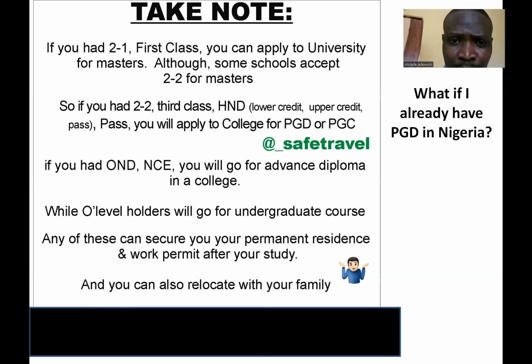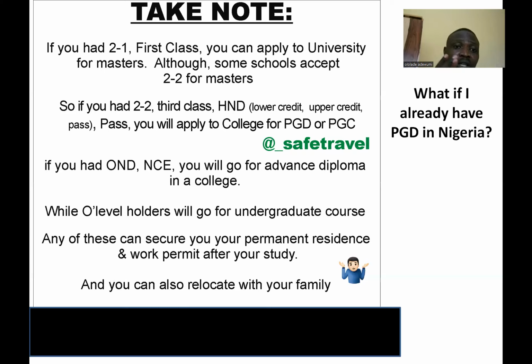That's merit based, based on your performance, on your grade. Although there are universities that still take 2-2, second class lower. We call it 2-2 in Nigeria. We call 2-1 second class upper, if you are not from Nigeria.